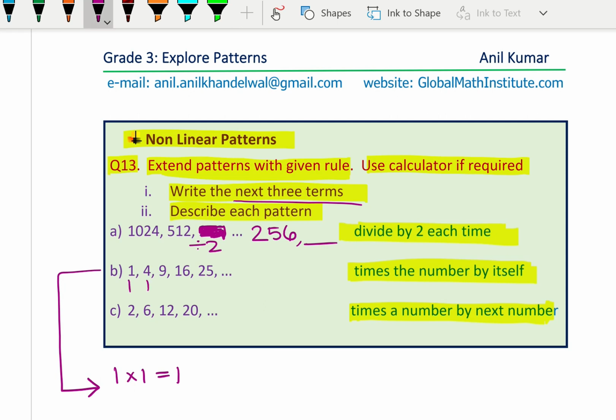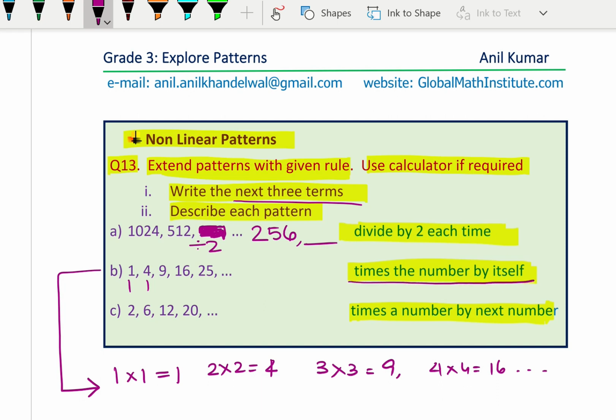The second term here is 2 times 2, which is 4. And then we have 3 times 3, which is 9. And then we have 4 times 4, which is 16. So likewise, that is what I mean when I say times the number by itself. So the pattern number, which is 1, 2, 3, 4, 5, 6, is being multiplied by itself.